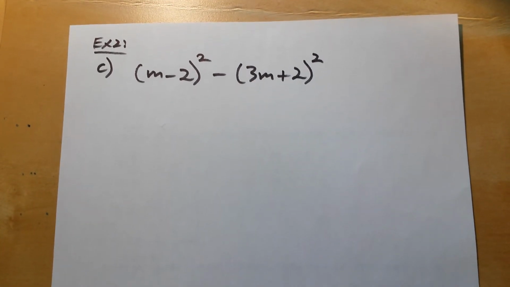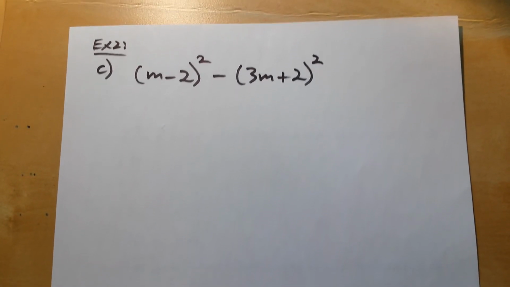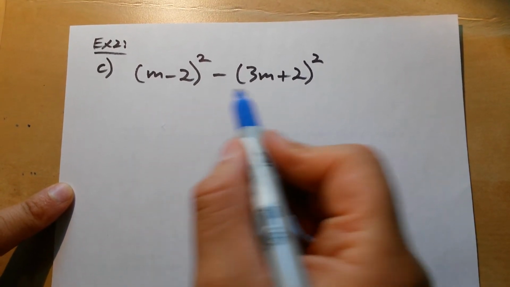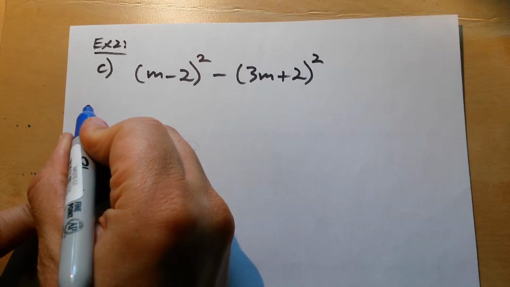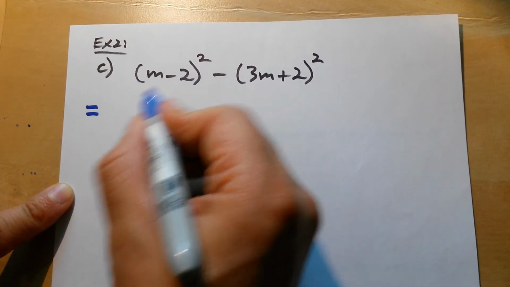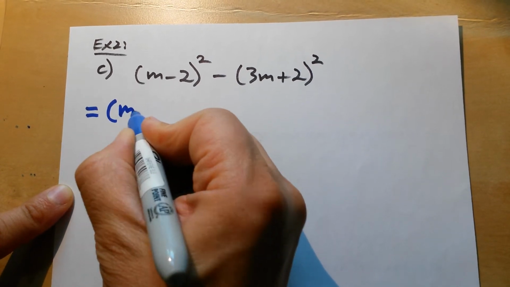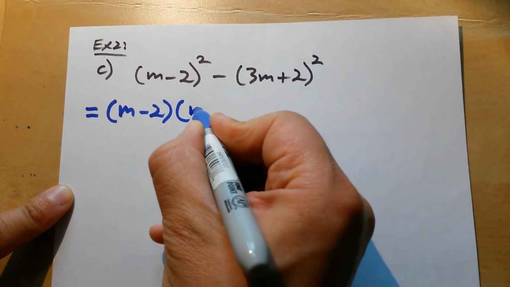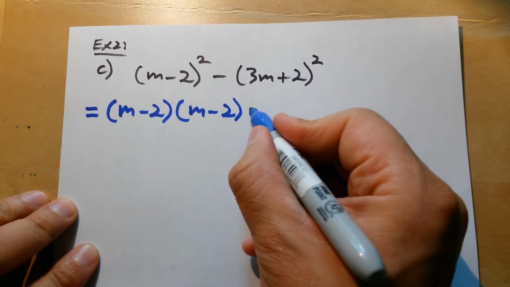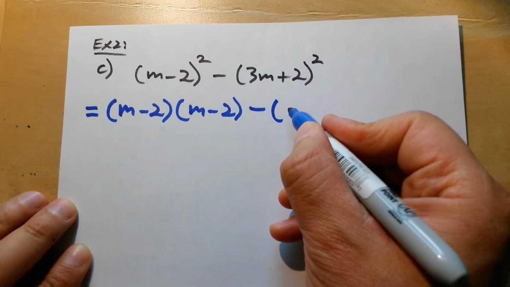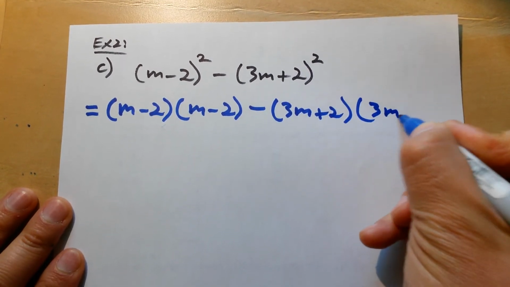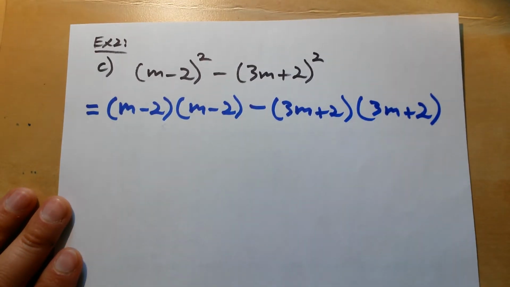Great. Let's look at this example. So let's expand these two binomials, or let's rewrite this expression so that we can better visualize it. So m minus 2 squared is essentially m minus 2 times m minus 2, minus, and same thing here, 3m plus 2 times 3m plus 2.